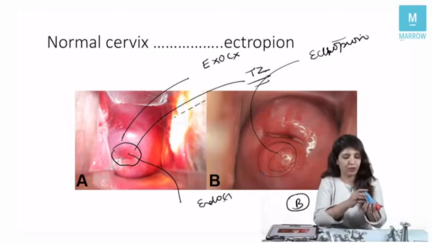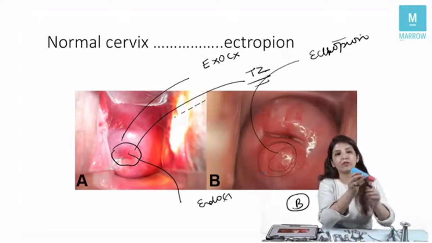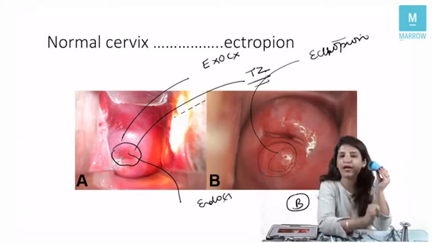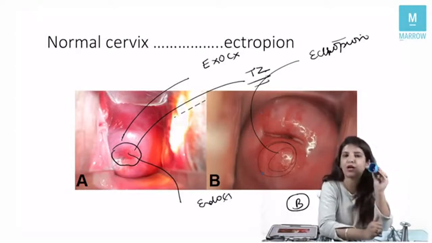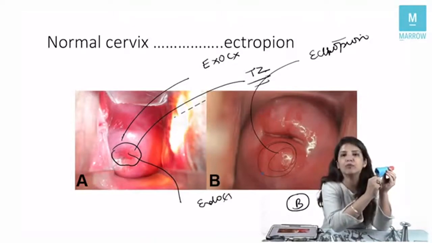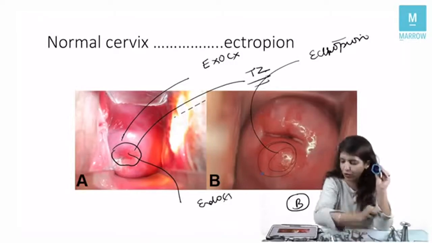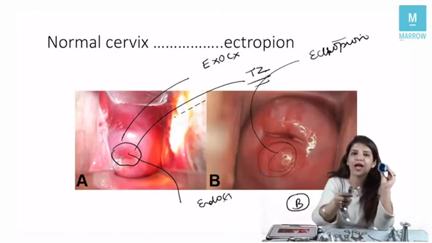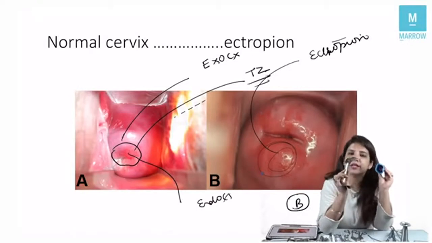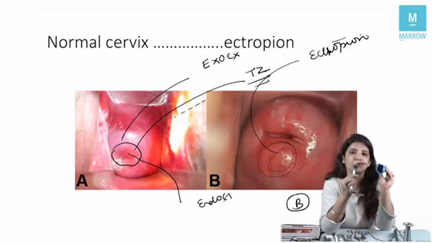Okay. Now, if I want to do a per speculum examination, I want to look at the cervix. The first thing I will have to do is retract the posterior wall of the vagina, right? So this blue color is the vagina which I have drawn. To retract the posterior wall of the vagina, the instrument I am going to use is the double-bladed, non-self-retaining SIMS speculum.